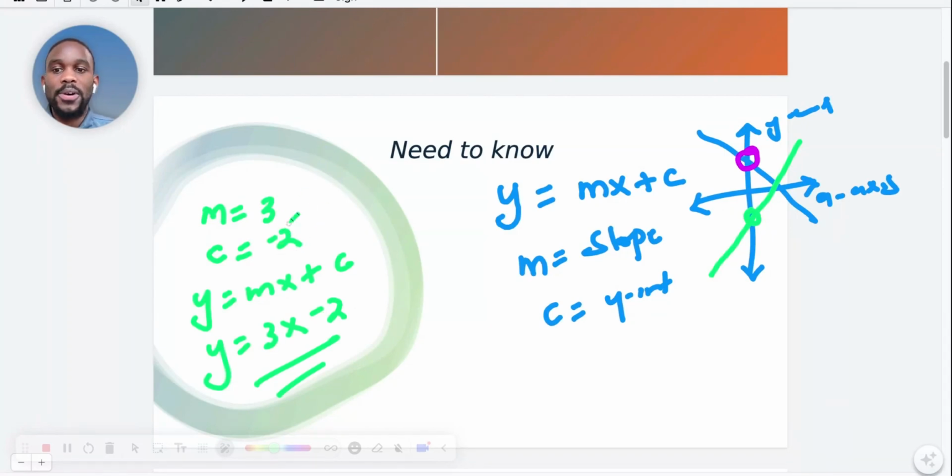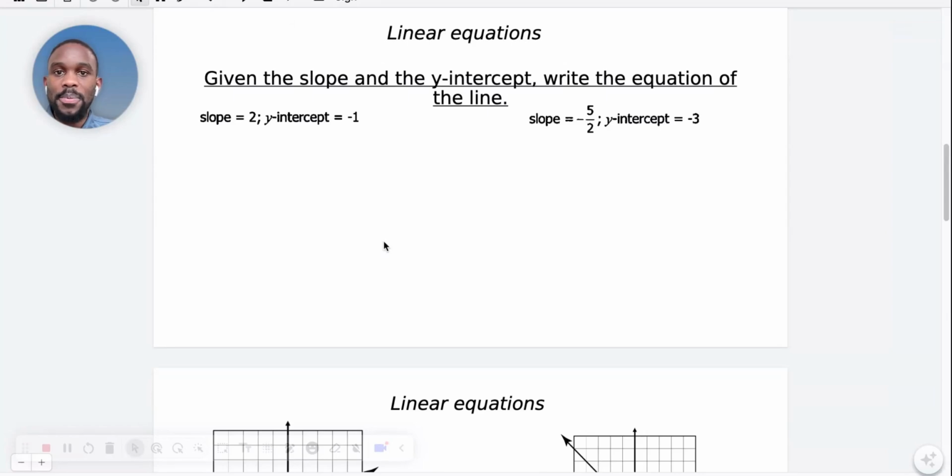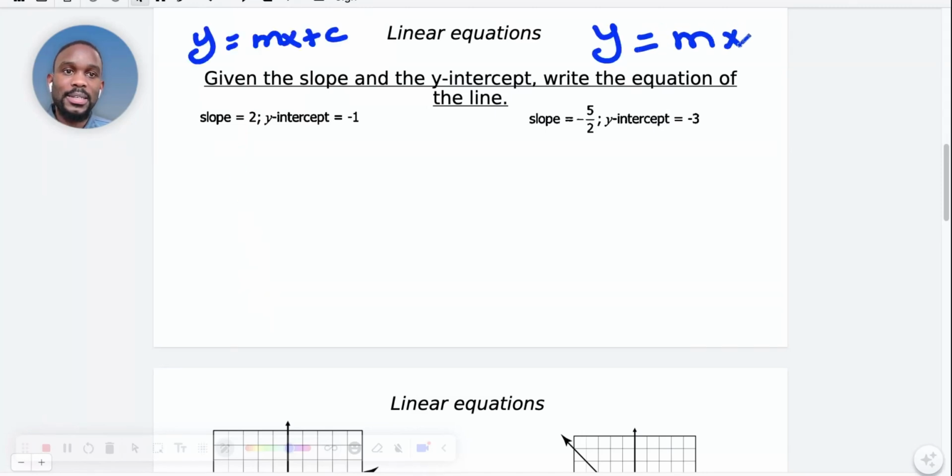All right, let's do some more examples where, if they give me the slope and the y-intercept, I can get the equation of the line in the slope-intercept format. So given the slope and the y-intercept, write the equation of the line. We know that the equation of the line in the slope-intercept format is y = mx + c. Let me call this equation 1.